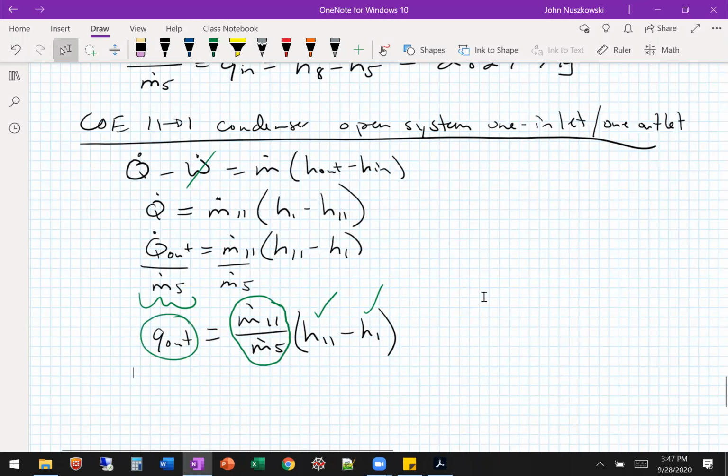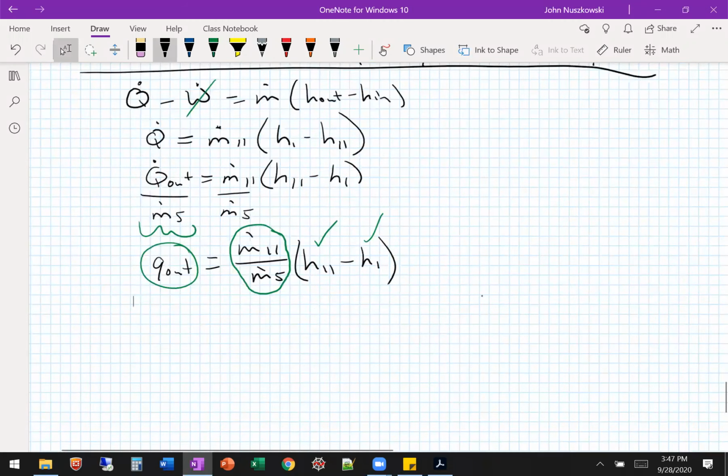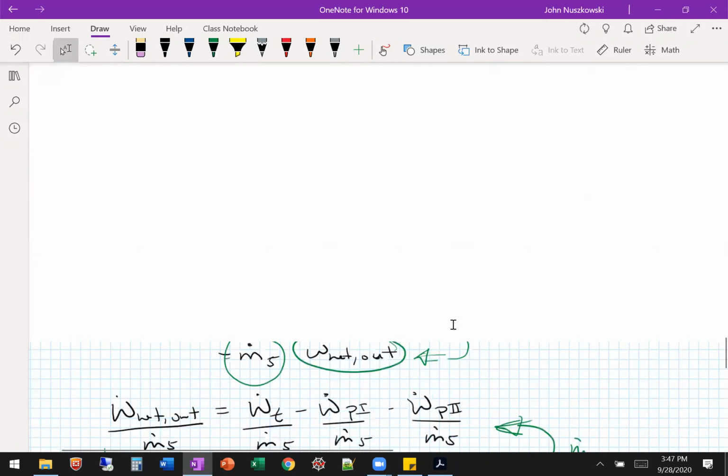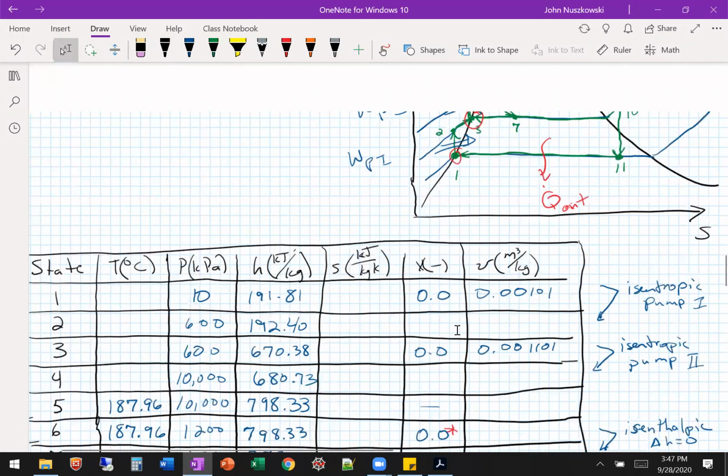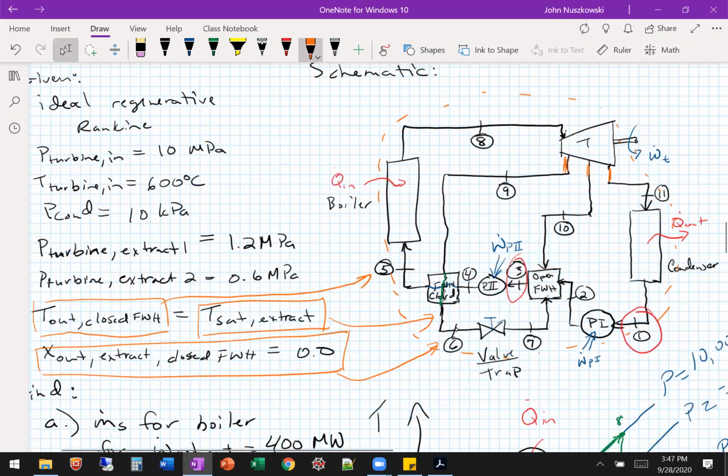This is where we look at where everything gets split, as I mentioned in the lecture. So we look at the turbine.